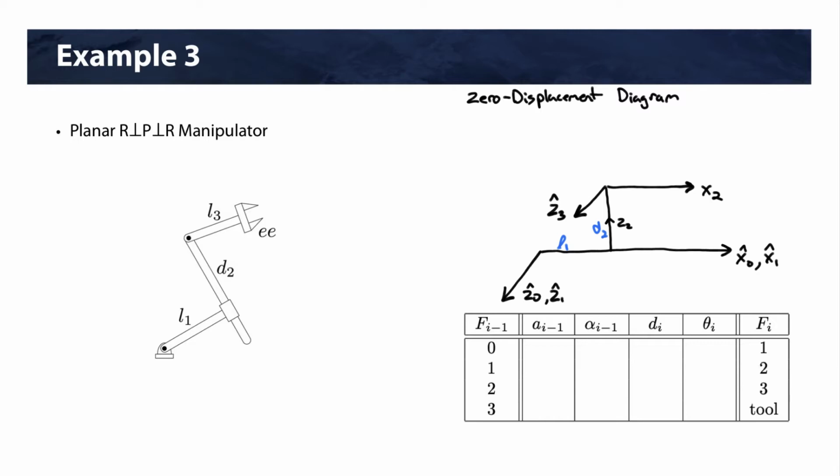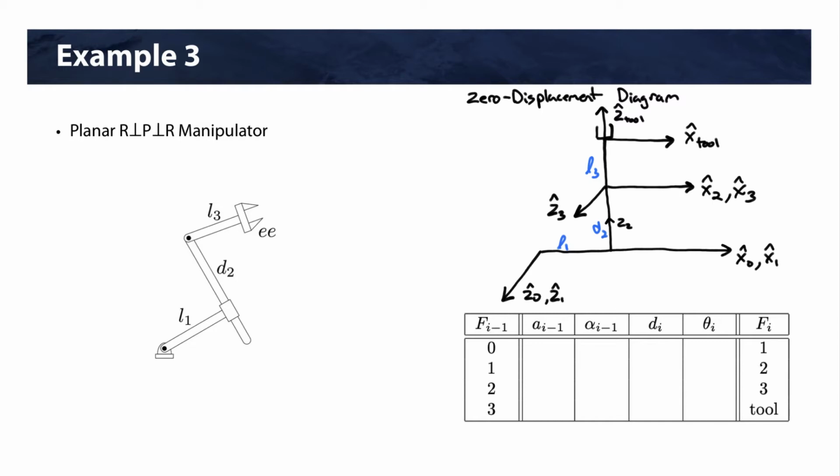And again, in zero displacement, X3 will be here. And then lastly, we're going to have L3 that takes us to our tool. So this will be L3, and then we'll have Z tool and X tool.